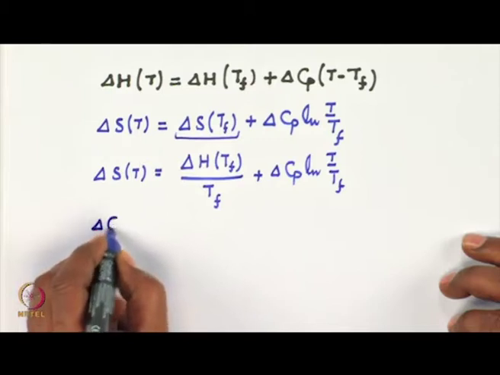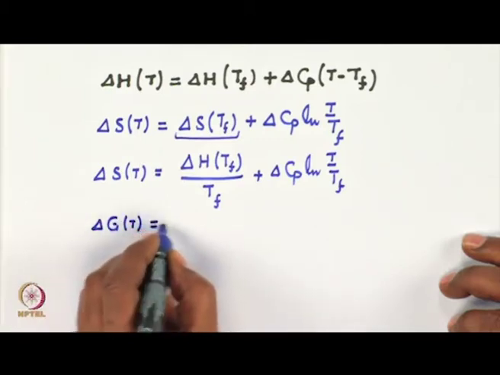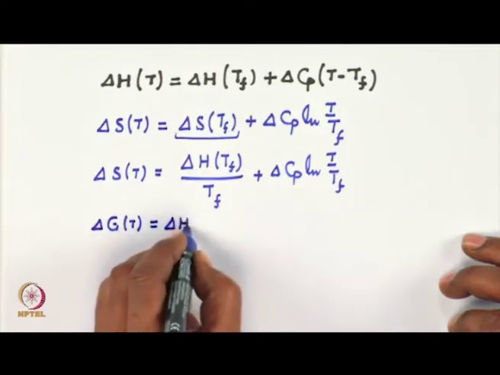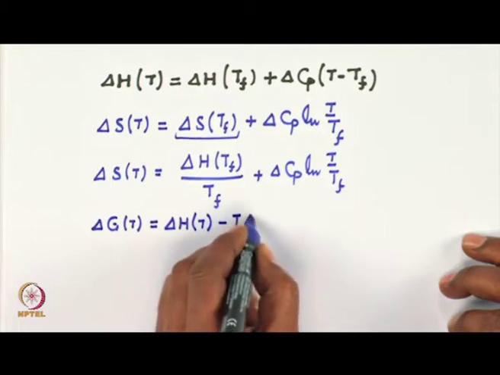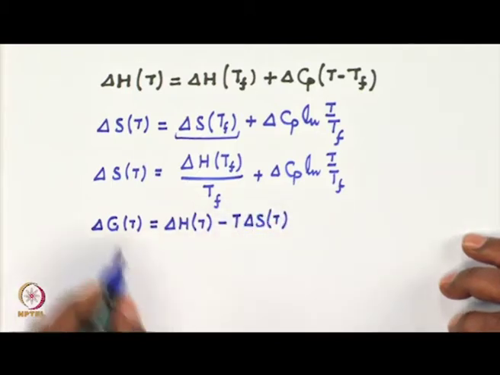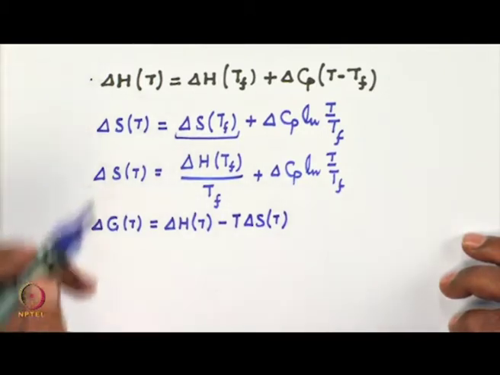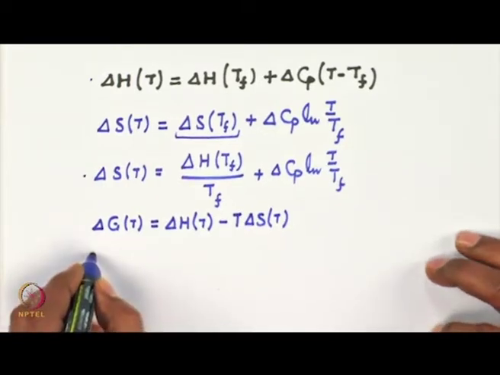Now, I make use of this equation: delta G at any temperature is equal to delta H at any temperature minus T into delta S at any temperature, and I will now substitute delta H and delta S at any temperature. What do I get?